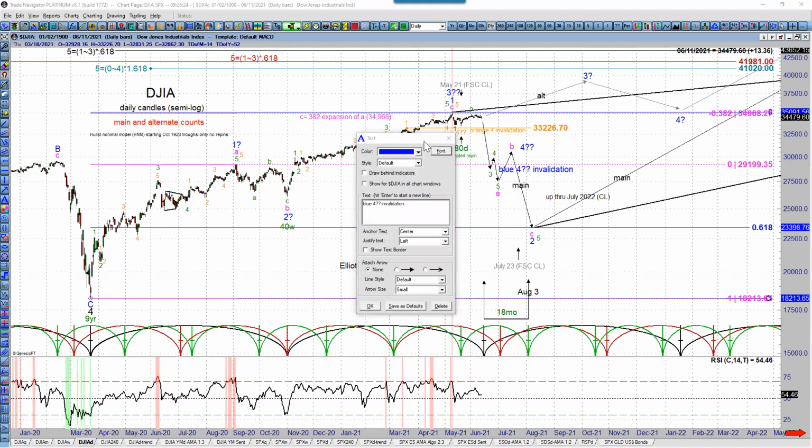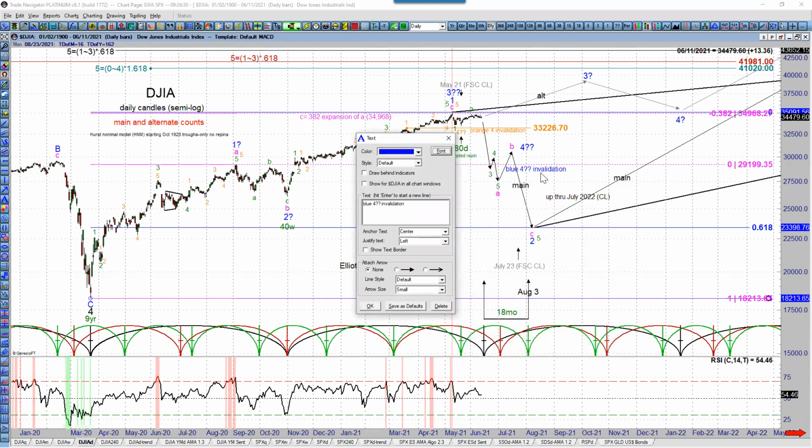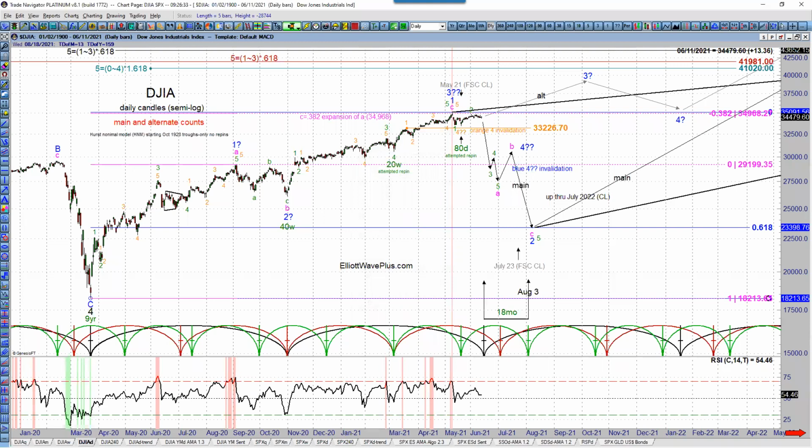And I'm going to make that small since that's kind of my second alternate. And then we get a 3 and then a 4.